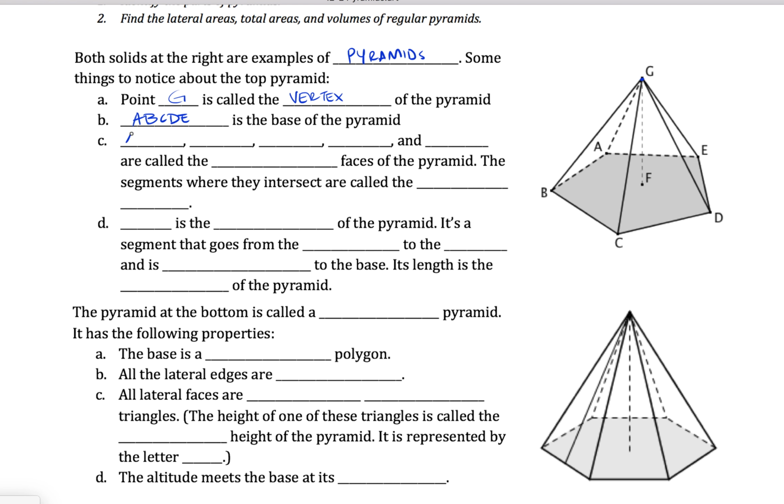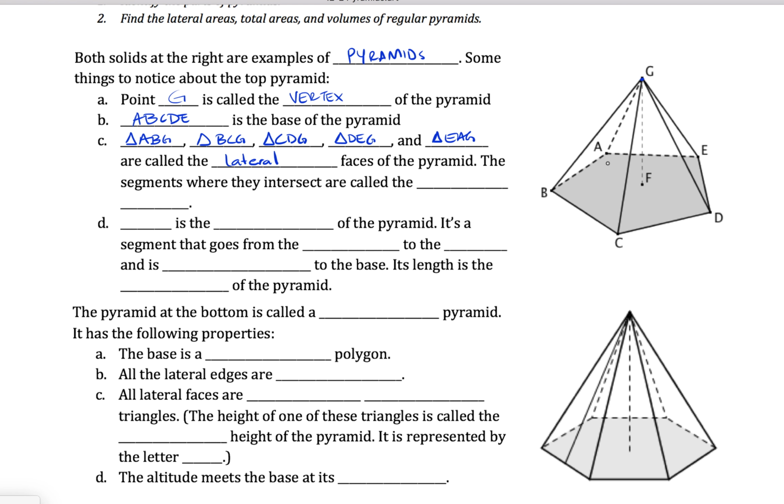So that would be triangle ABG, triangle BCG, triangle CDG, triangle DEG, and lastly triangle EAG. All of those triangles are called the lateral faces of this pyramid.